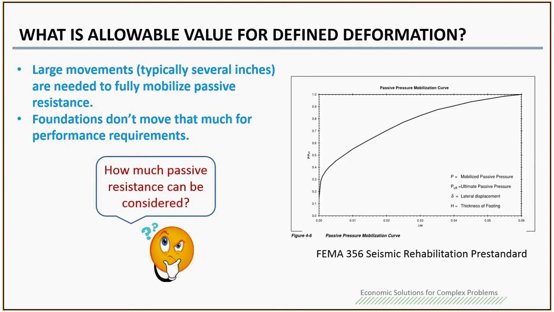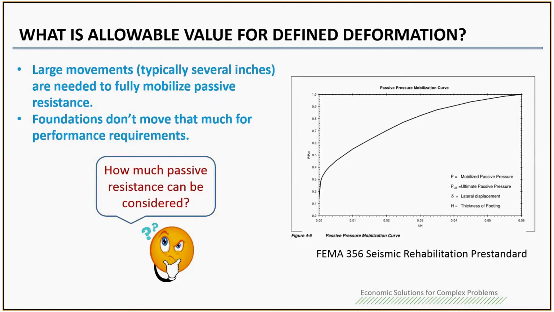The horizontal axis is your movement over your foundation thickness, and the vertical axis is what percentage of passive resistance is mobilized associated with your foundation movement. So this could be very useful. With this chart, you can determine how much passive resistance is mobilized.